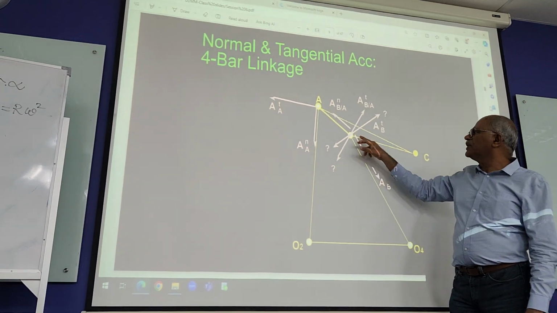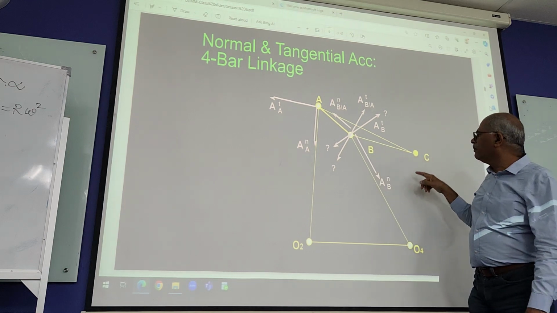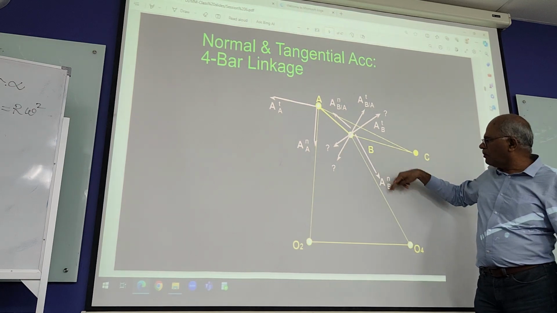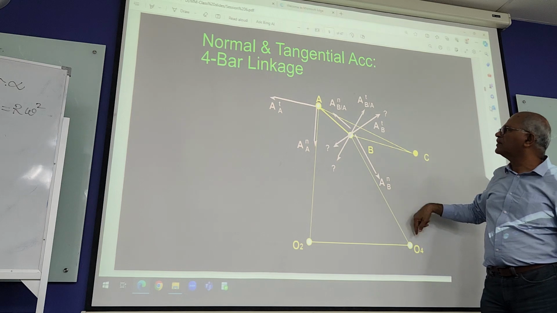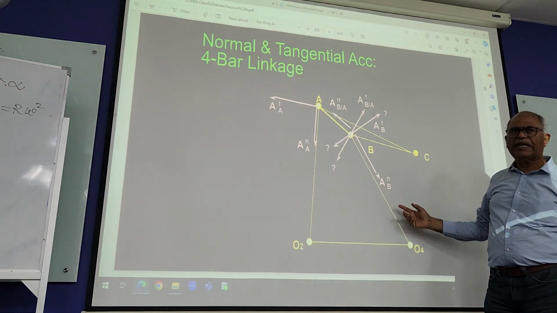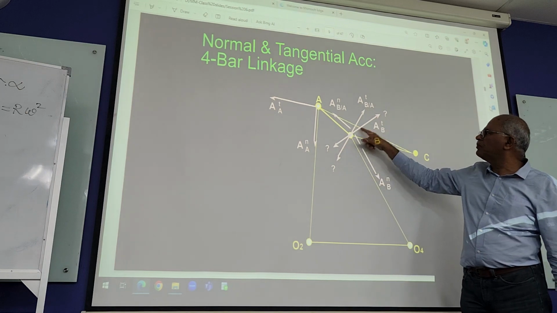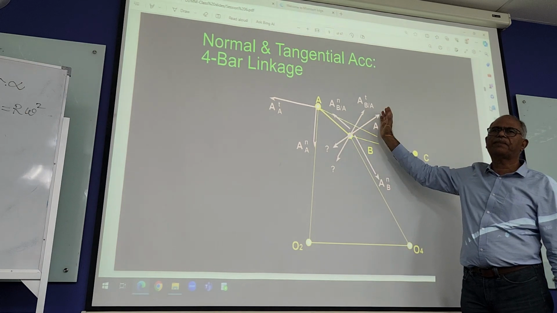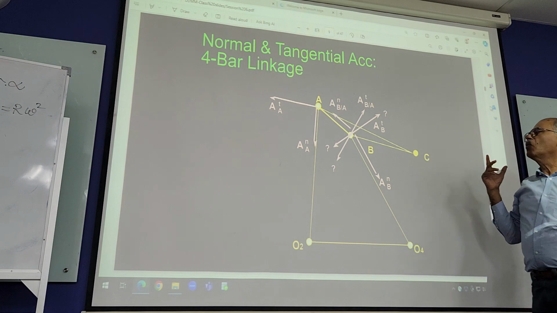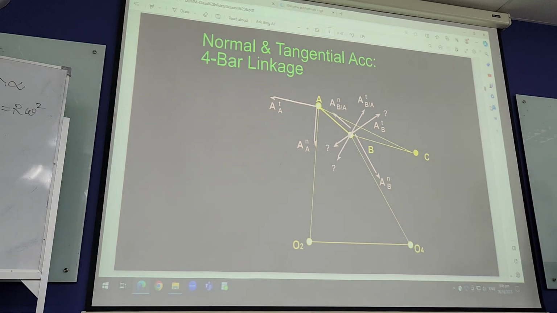Then you take B. The normal acceleration of B will be in the direction of the link, so it is here. Then B tangential will be perpendicular to the link. So we know the normal components, magnitude and direction.